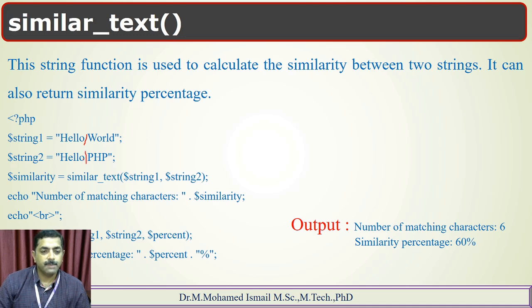If I remove this space, the output will be 5. So like that 6 characters are matching, so the similarity percentage is 60%. We can find how many matching characters as well as the percentage using the similar text string function.